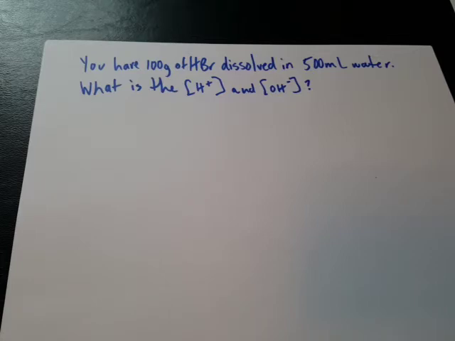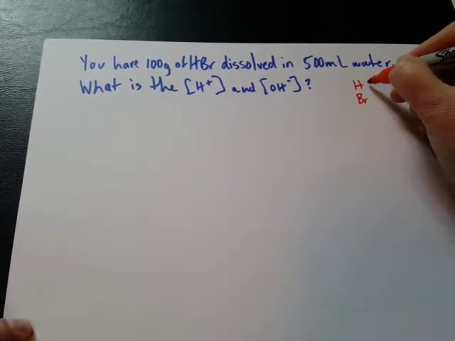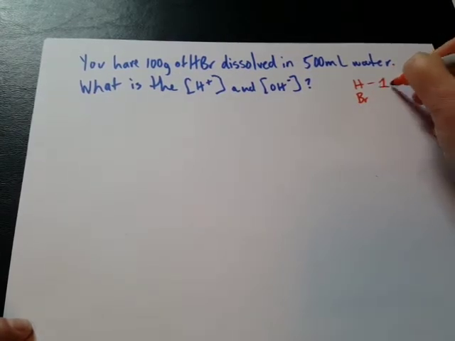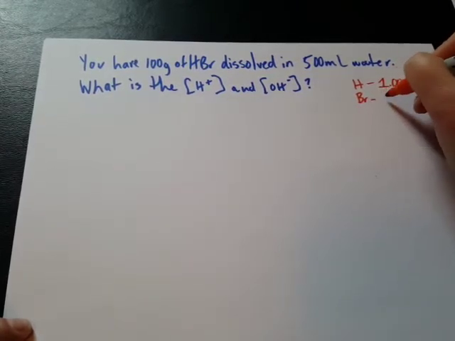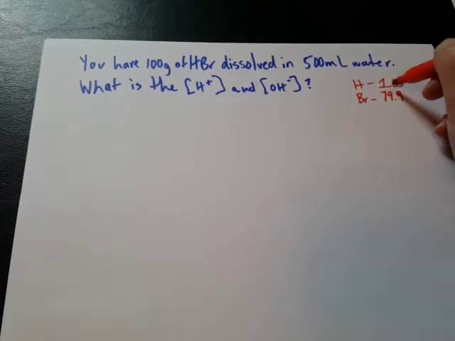What does get a little bit tricky is when we're dealing with mass. Originally we were given moles per liter. In this question, we're not given concentration, we're given grams. So we need to figure out how much 1 mole of hydrogen bromide weighs. We have to look at the chemical formula and look on our periodic table for the molar mass, the number of grams in 1 mole of the substance.